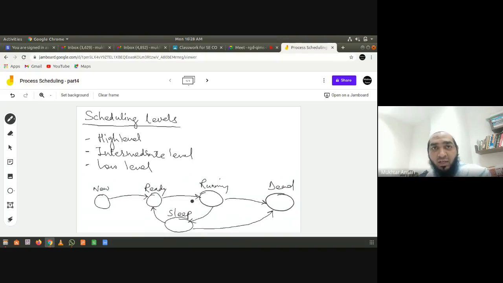I told you that you will have to recall this particular diagram every time. The process is created, so it comes to the new state. When it is geared up with all the required resources, then it comes to the ready state. Now it is ready to go for the running state.